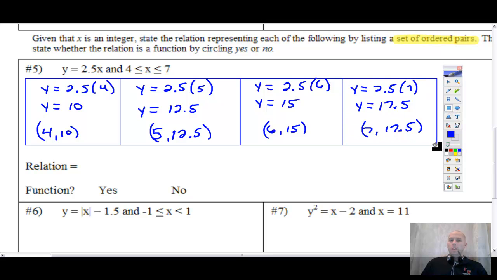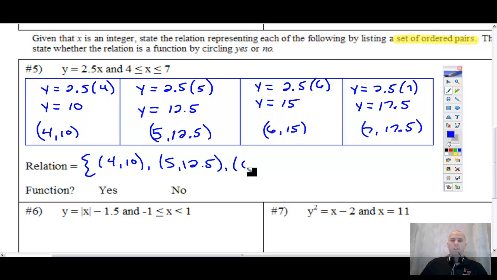I am to write them as a set of ordered pairs. Is it a function? It is. I only get one answer every time I put these numbers in. So it's a function.